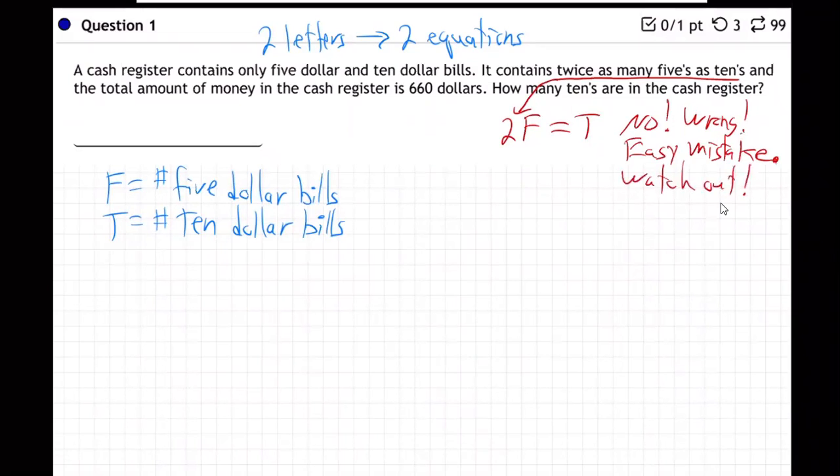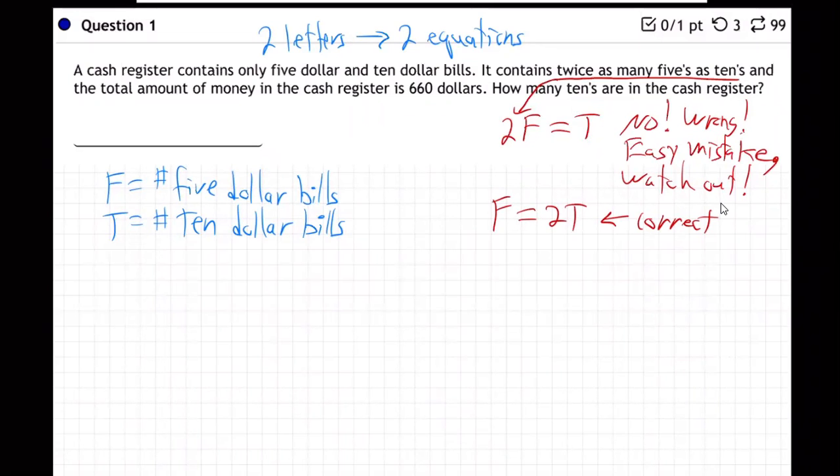That's not the correct way to go. Well, why not? What's correct? It's actually the other way. F equals 2T. That's correct. It doesn't sound like it at first. That's why students get confused on this one.